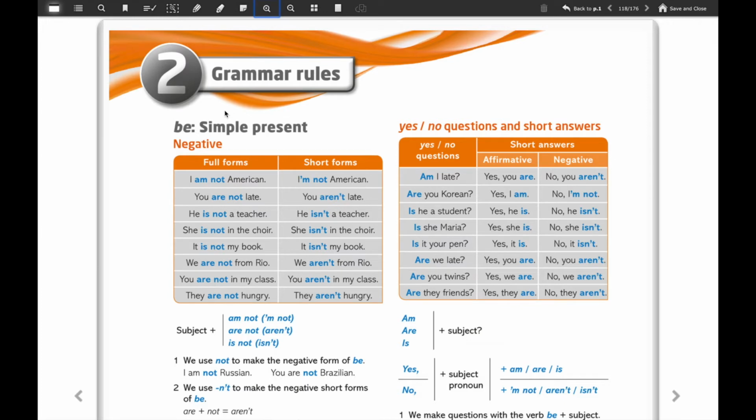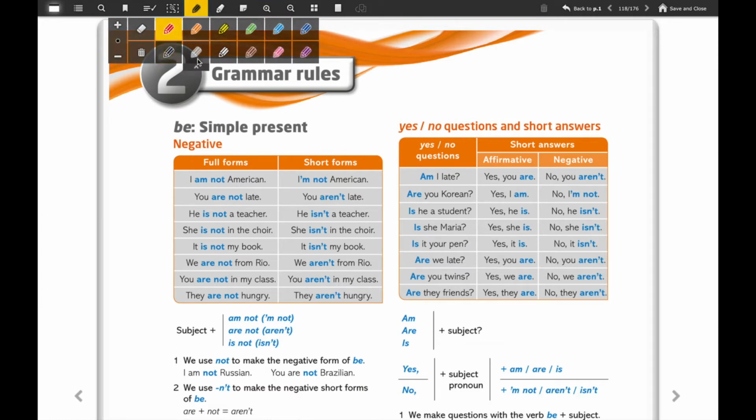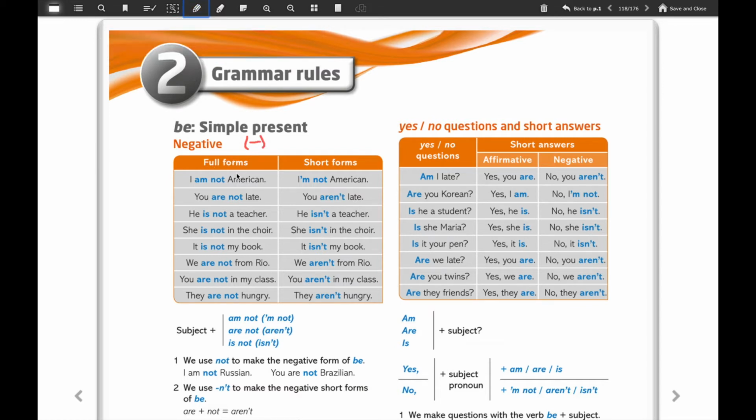and we are going to start here with be simple present but in negative form. Okay, you have to know that the negative form we're going to identify like this, okay, with a minus sign. And here you have full form and you have short forms.